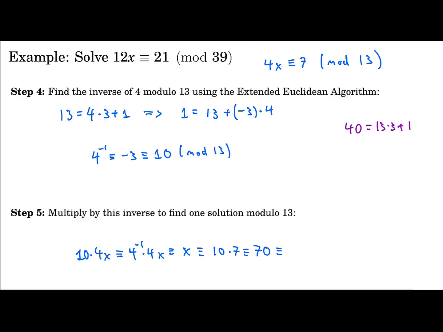So if we do 70 divided by 13, so let me write it here to the right, 70 is going to be equal to 5 times 13 plus 5, right? Because 5 times 13 is 65, plus 5. So it's this. Okay, very good. So this would just be 5 mod 13.